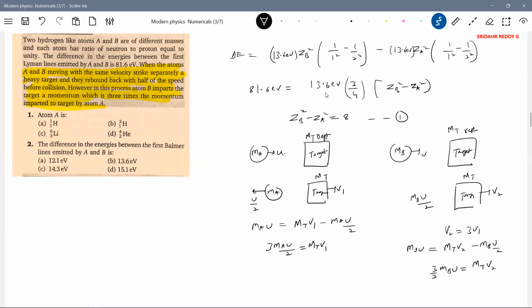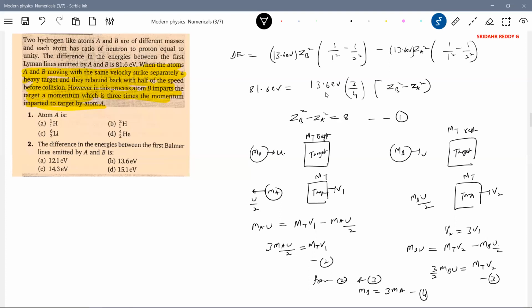Now comparing these equations, V2 equal to 3 V1. So MB is equal to 3 MA, I'll get it.